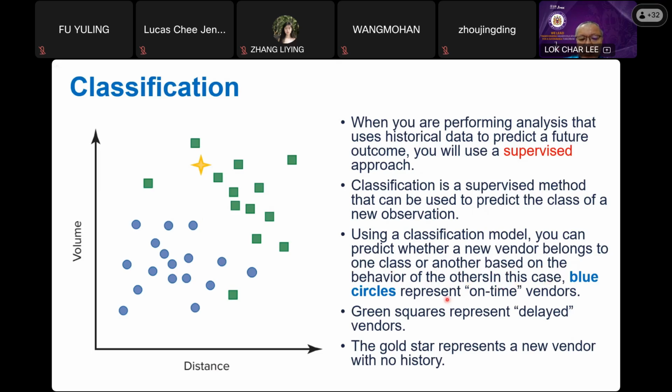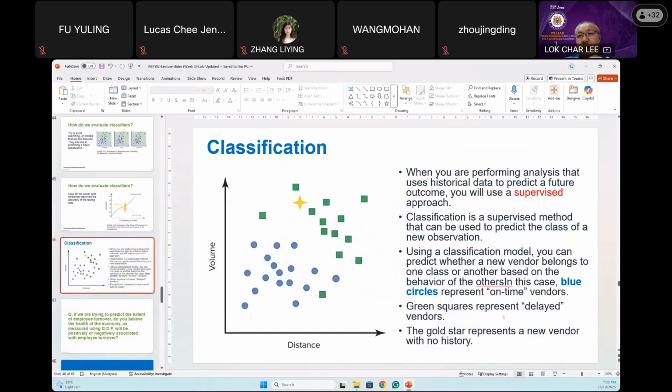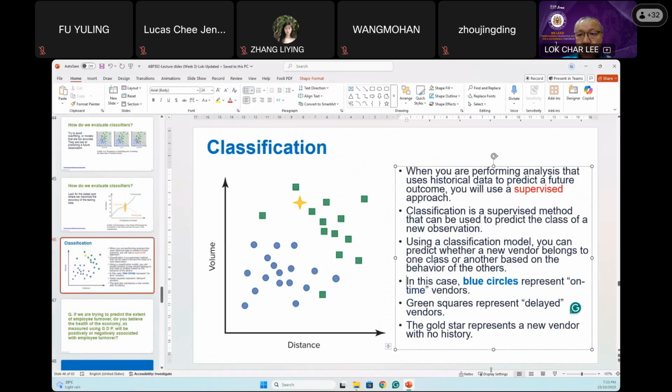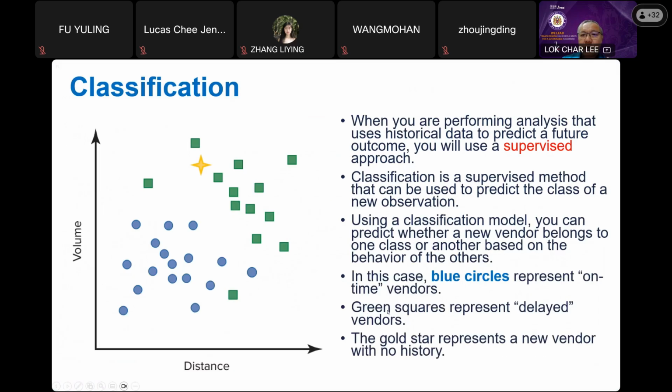In this case, the blue circle represents on-time vendors. Okay, so how do I interpret the result? Our focus here is this one.